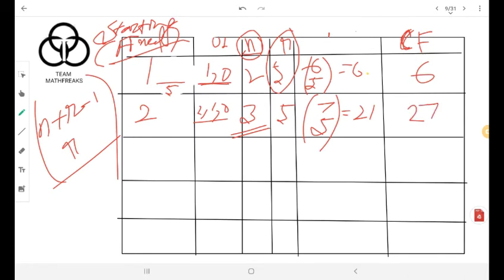The cumulative frequency comes to 27. Now for 3, definitely we'll have 4 options. It's increasing, so we can ignore this part. We can just go with this pattern 2, 3, 4, 5, 6 and fill it up.